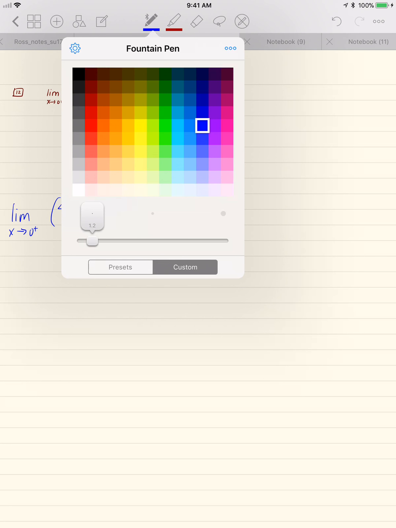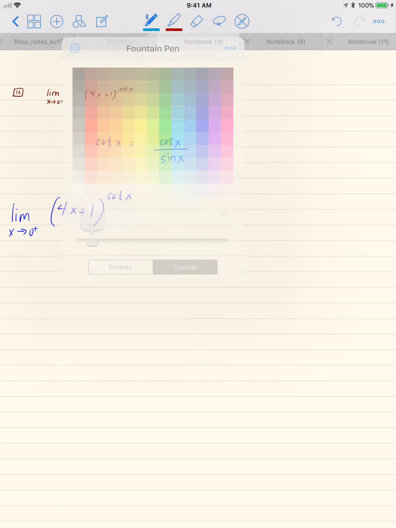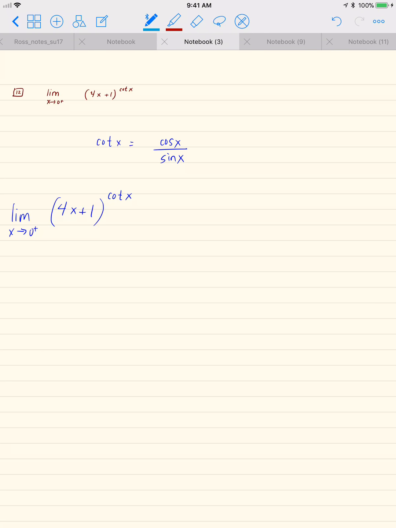Now as x approaches 0 from the right, 4x plus 1 is going to approach 1. And what about cotangent of x? Well, as x approaches 0 from the right, sine x is approaching 0, cosine x is approaching 1.